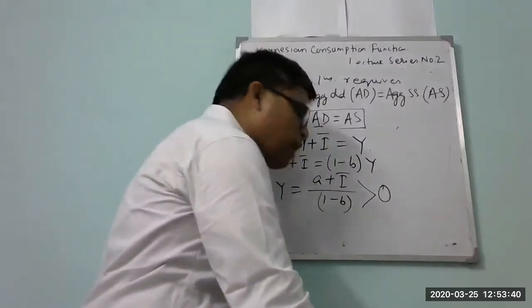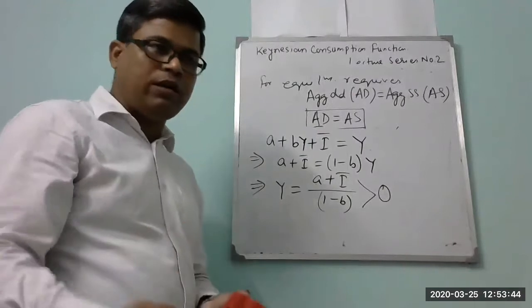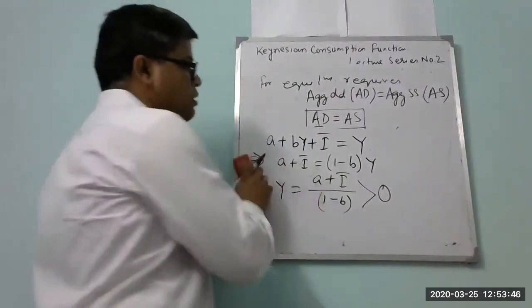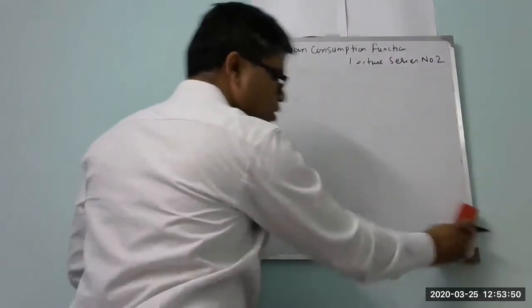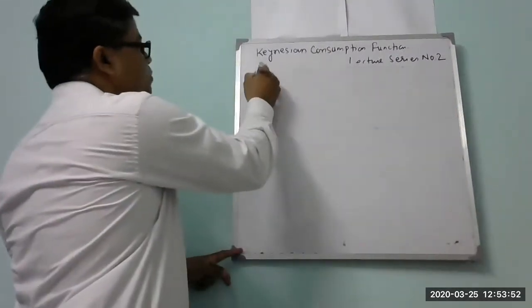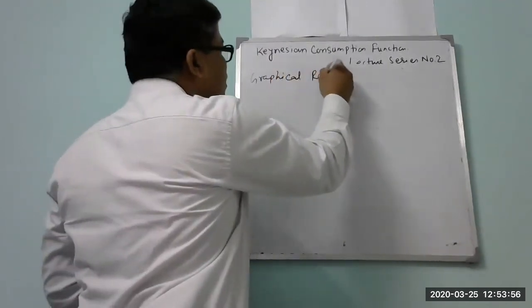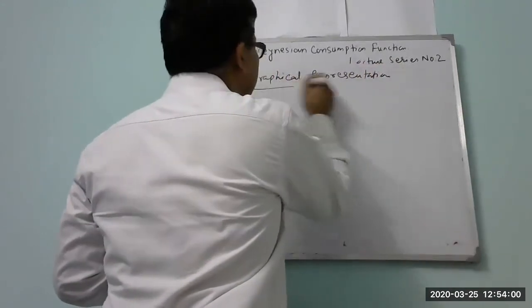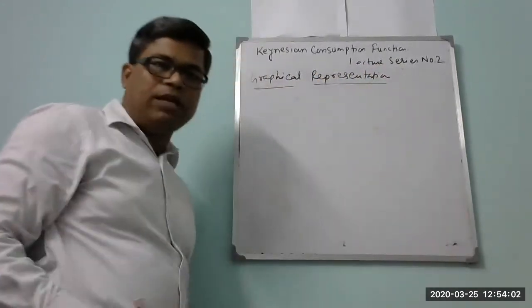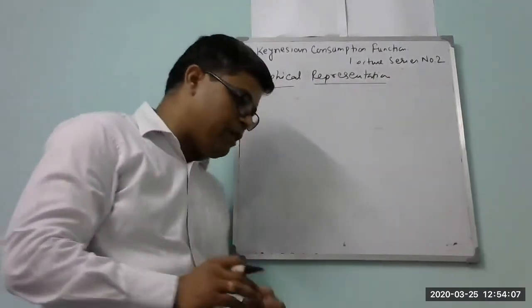Now, if you look at the graphical representation, because in economics you have to draw the diagram. In the graphical representation, first we need to draw the aggregate demand curve.